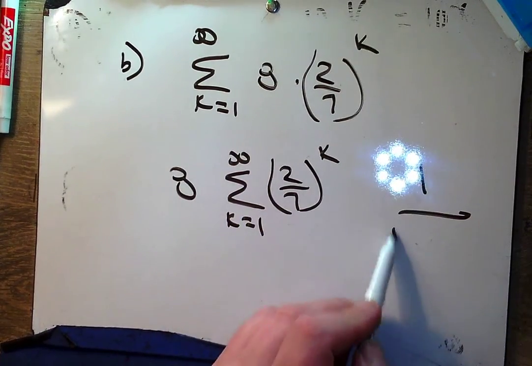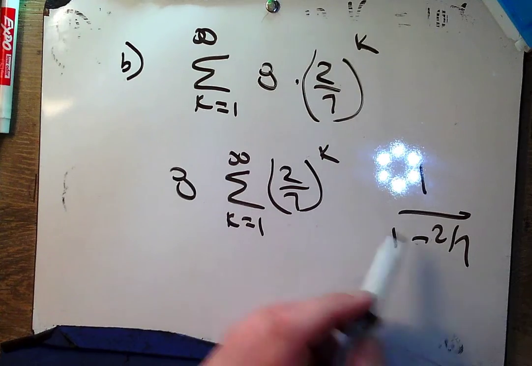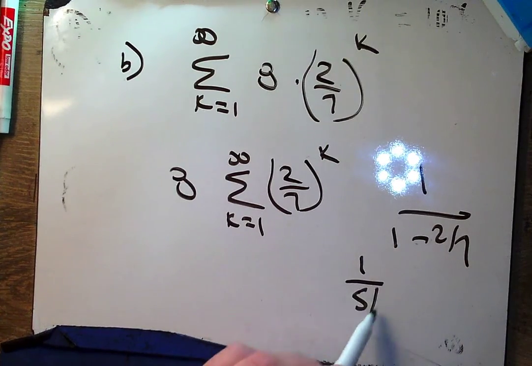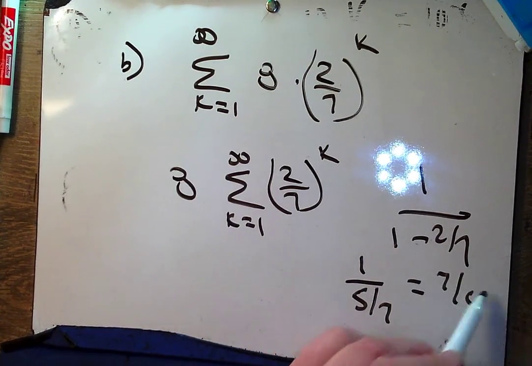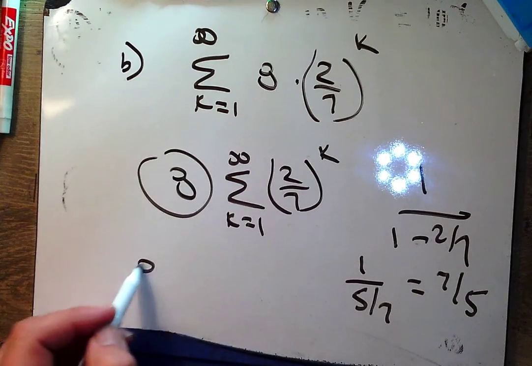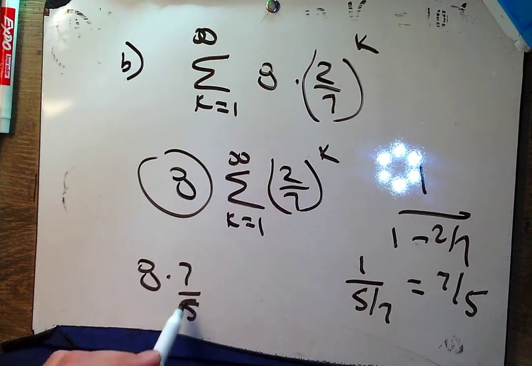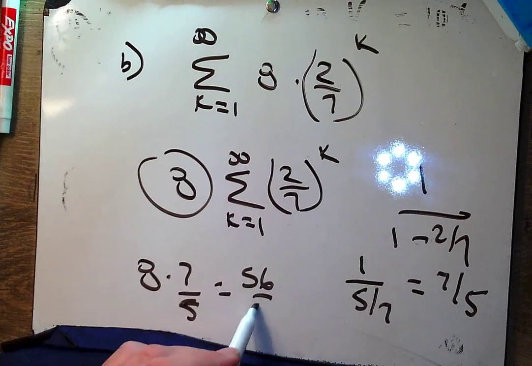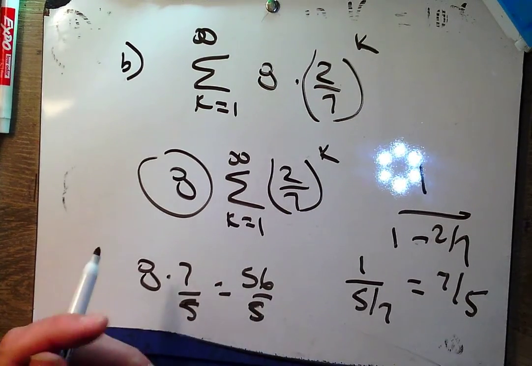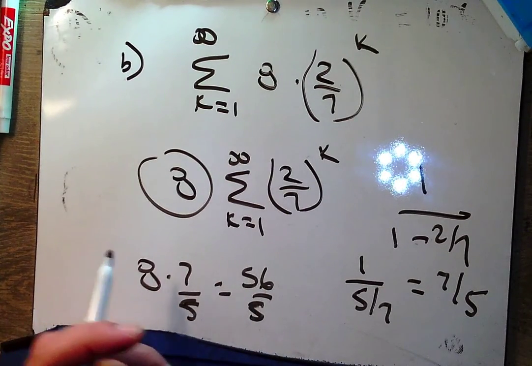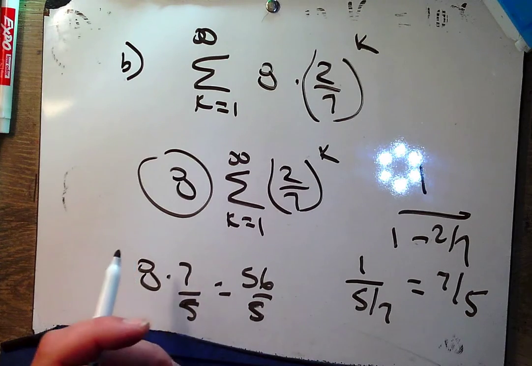So 1 over 1 minus 2/7 is 1 over 5/7, which is 7/5. Don't forget times the 8 equals 56/5. Yeah. We're going with that.